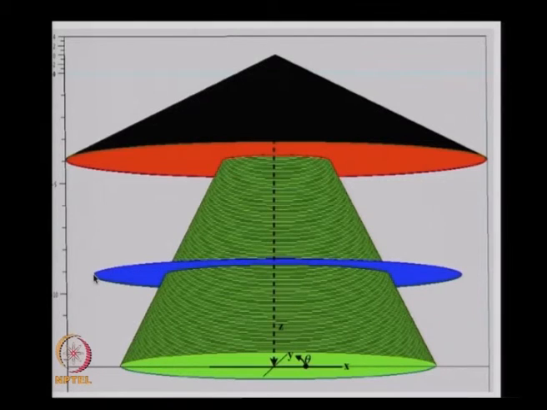Now what if we don't do that? What if we take different points? So now let us look at each circle or plane here.